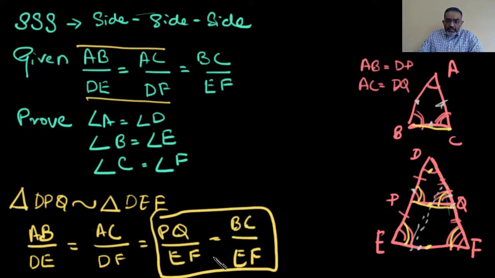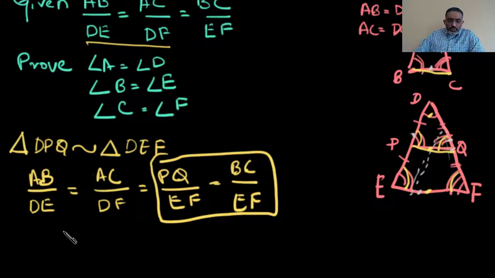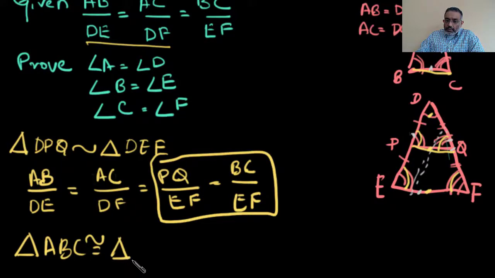PQ and BC are equal. Now what this means is that these two triangles are congruent. Why? Because all three sides are exactly equal. So let's write that down. Triangle ABC is congruent to triangle DPQ.